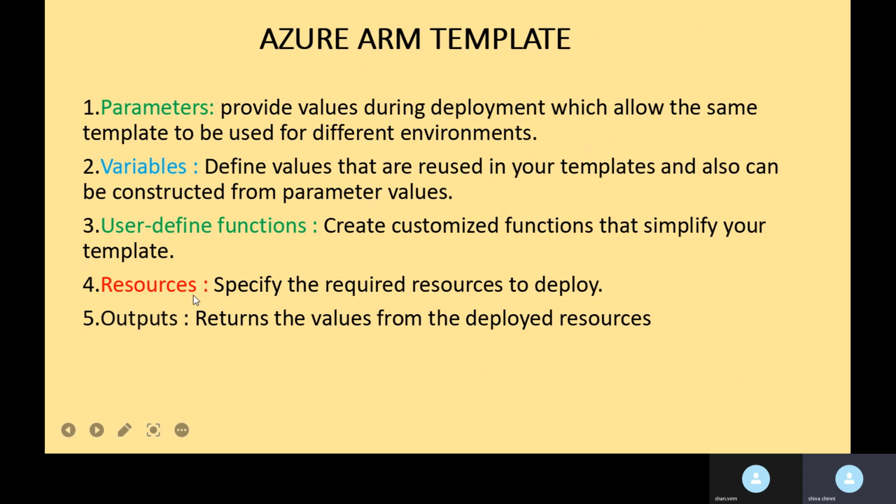And the main part in the ARM template is the resources section, because all resources are created under it. Whatever resources you need to deploy, you need to mention inside the resources section. The final part is the output section. It returns the values from the deployed resources that we configured in the resources part. So this is our introduction about the ARM template sections.